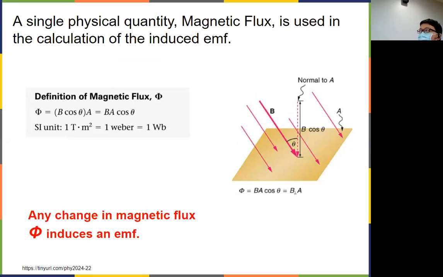So you can have the magnetic field changing, or the area of the coil changing, or the angle between the magnetic field and the normal direction changing. Any of those three changing would cause the magnetic flux to change. Then you will have an induced current in the coil, or induced EMF.